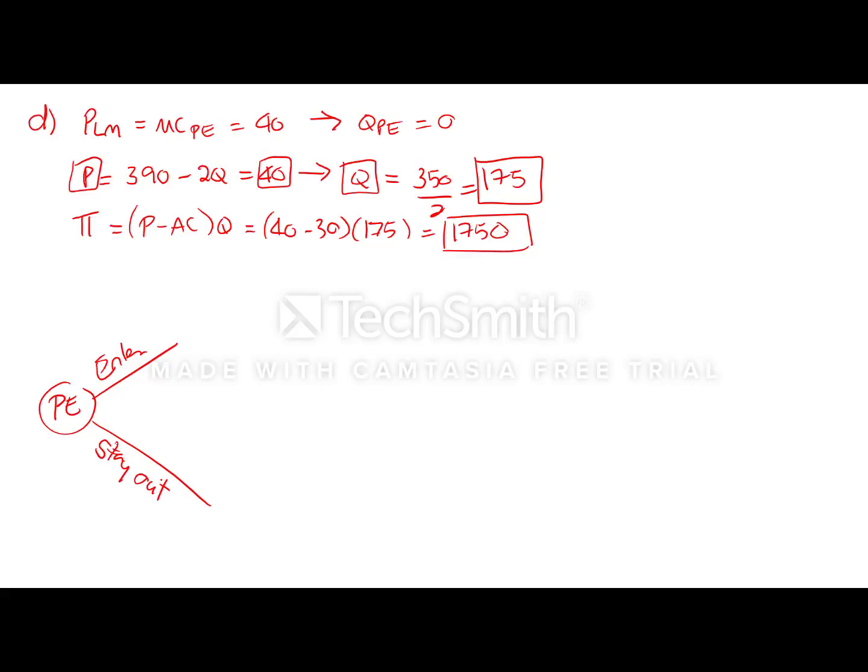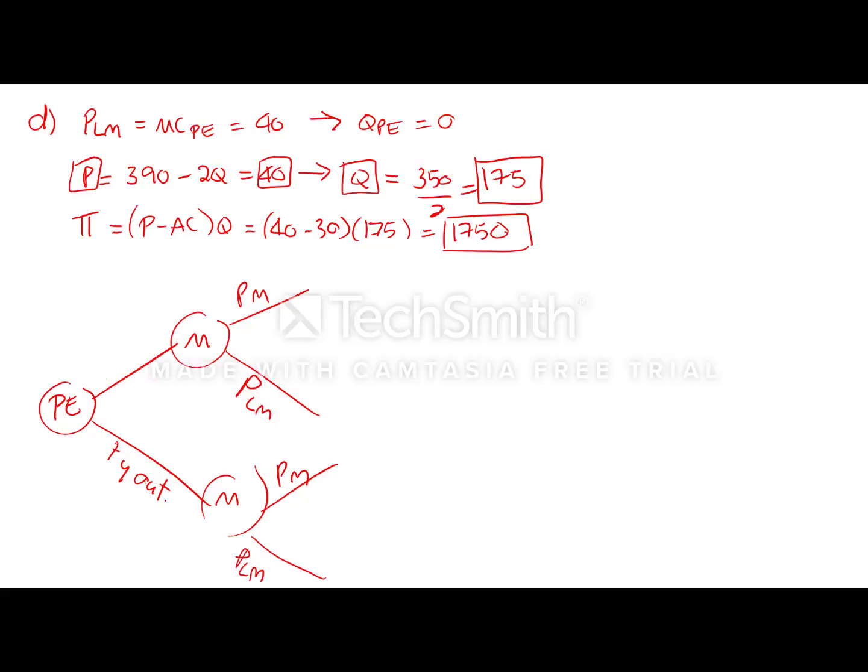When he enters, the monopolist will decide whether to charge the monopoly price, the high price, or limit pricing, which is a lower price that can deter entry. So we will charge high price or limit pricing. This one is stay out.